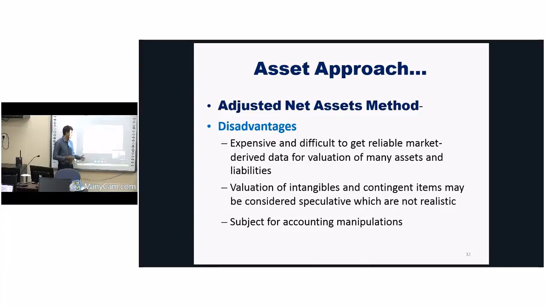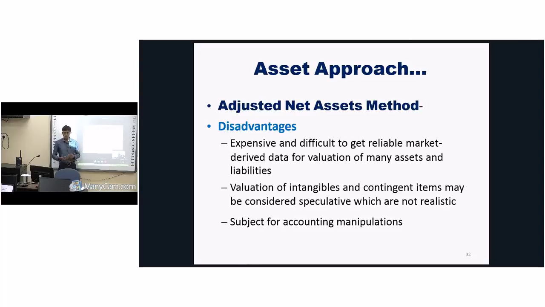And finally, it is subject to accounting manipulations. That's something I'm sure you have heard of. Being in accounting, you can sometimes manipulate numbers. Through depreciation to valuation of stocks, you can change the methodologies and affect your accounting profits. You can manipulate the numbers because there are so many non-cash adjustments in your statements.